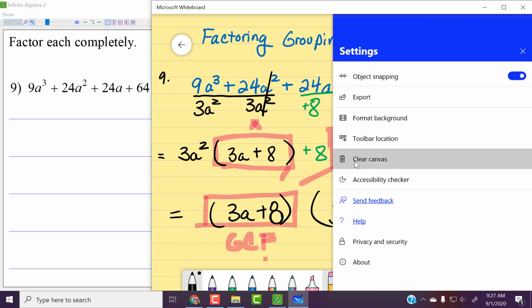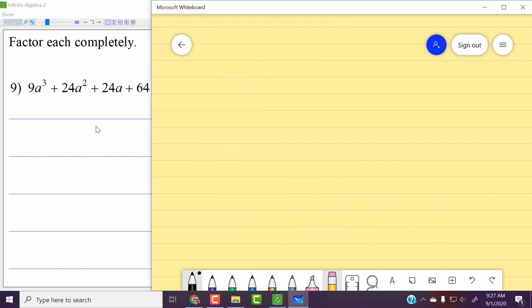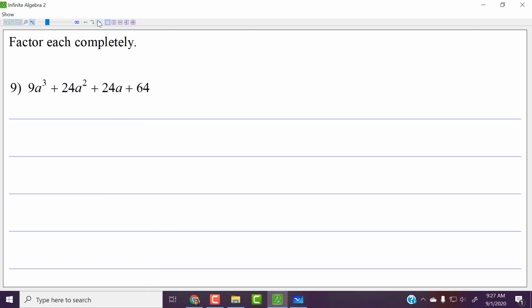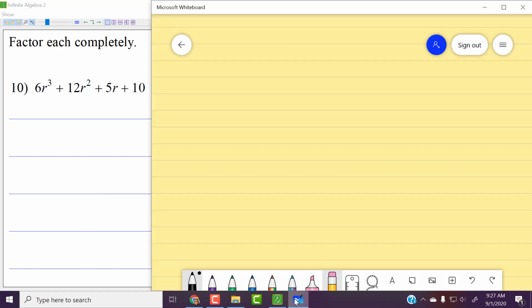All right, so we're going to do another one of those. So making groups. So it looks like it's 6r squared.